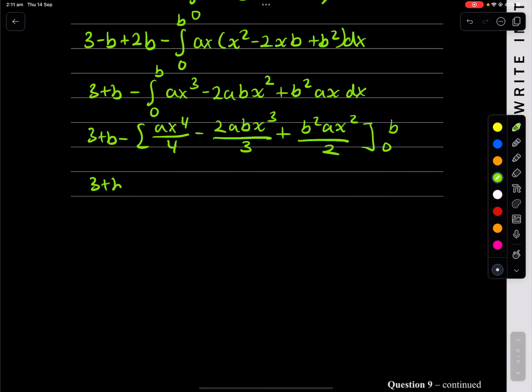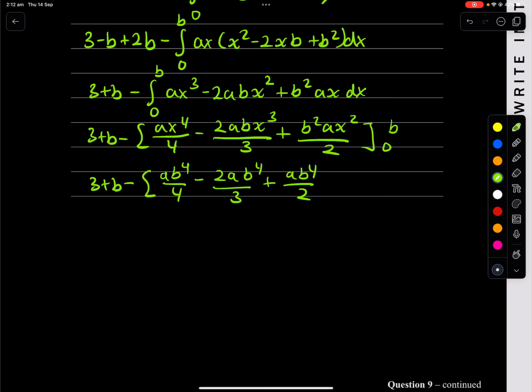If we sub in b first, it'll be ab to the 4 over 4 minus 2ab to the 4 over 3 plus ab to the 4 over 2, minus, and if you sub in 0, they all become 0, so that's useless. So just close the bracket.